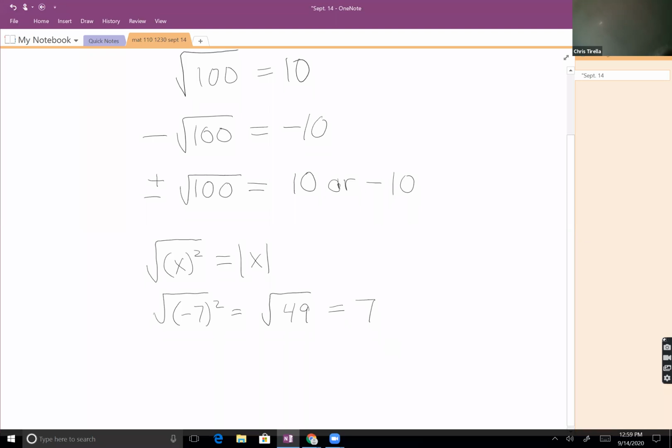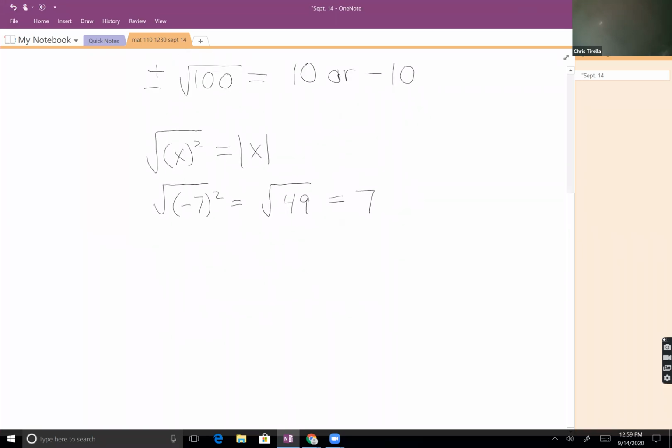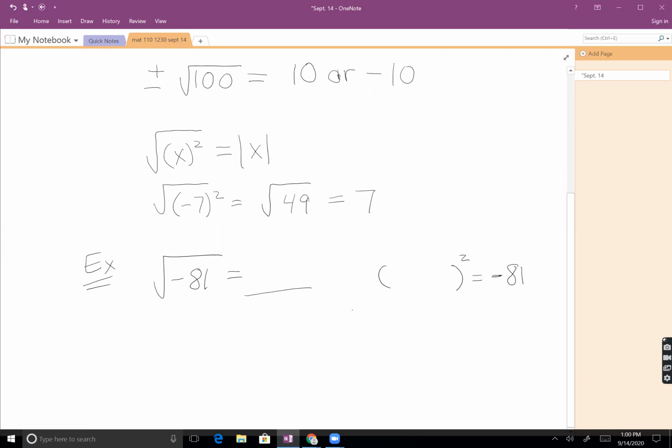What we did not look at last class is what happens if that radicand is negative. For example, if I took the square root of negative 81, what would I get? By definition, we're looking for something that when we square it, we get negative 81. Isn't that not possible? It does not work.